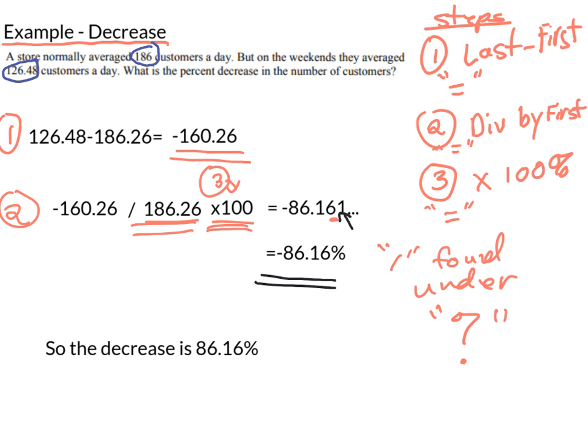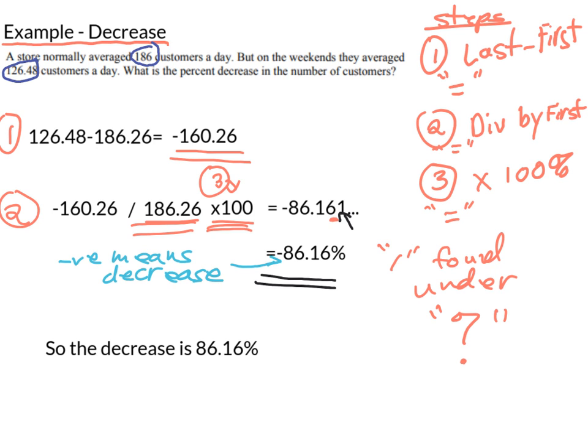And how did I get the idea that it was a decrease? It's all because of this teeny tiny little negative sign that we have here. Negative means decrease. If I don't have a decrease, then it's got to be an increase.